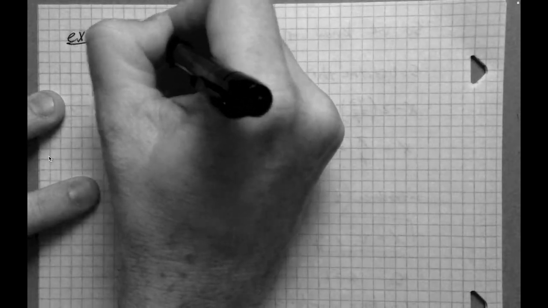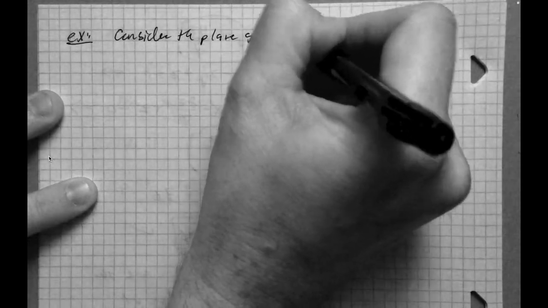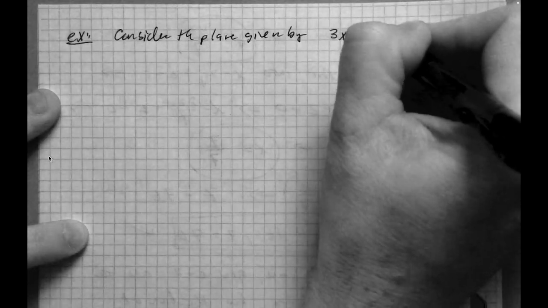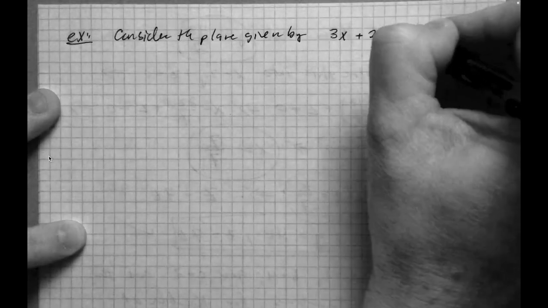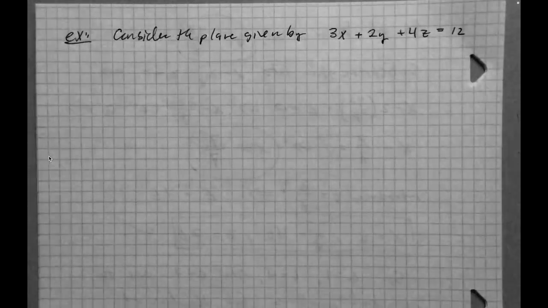This will be a working example. All right, let's consider the plane given by 3x plus 2y plus 4z equals 12.